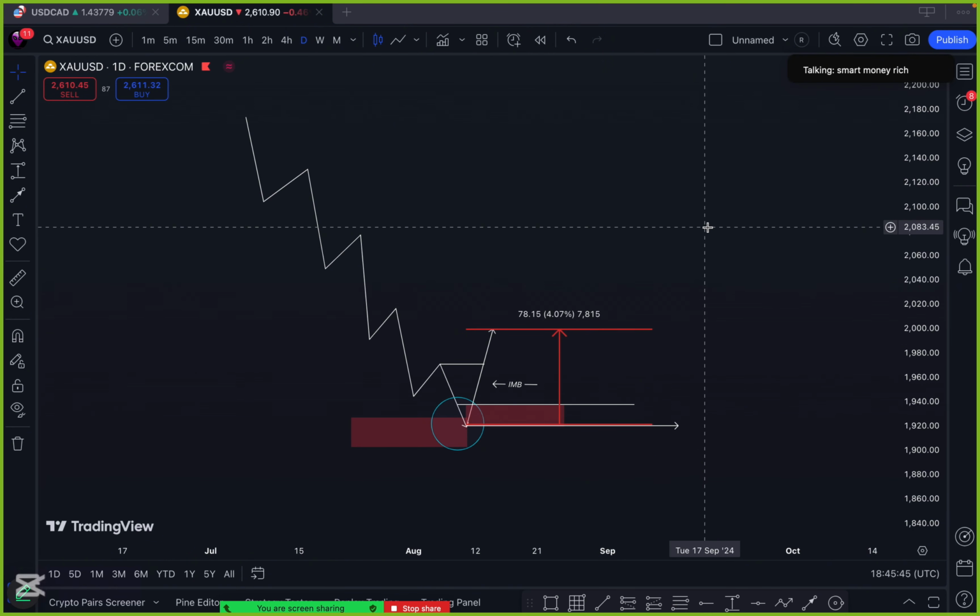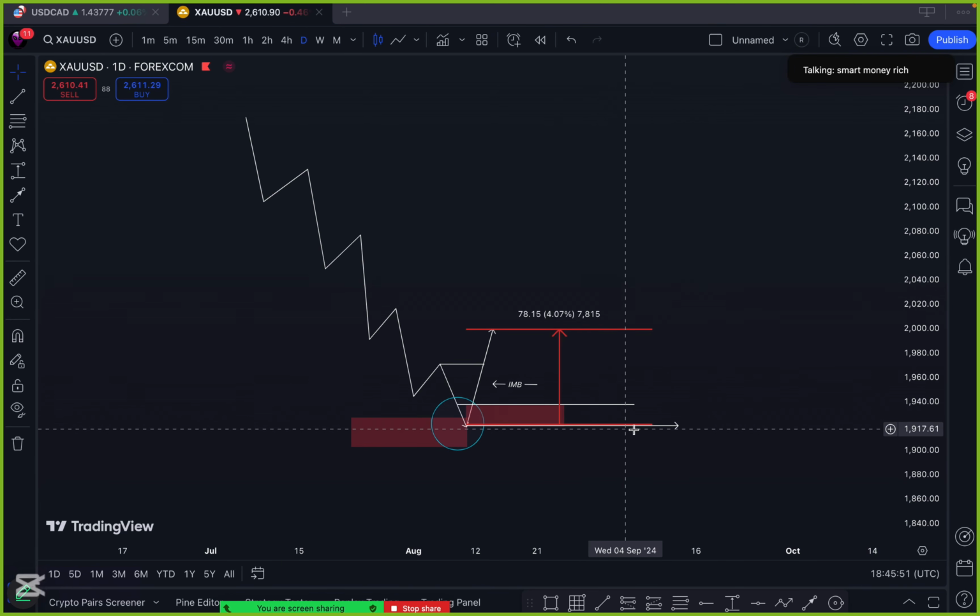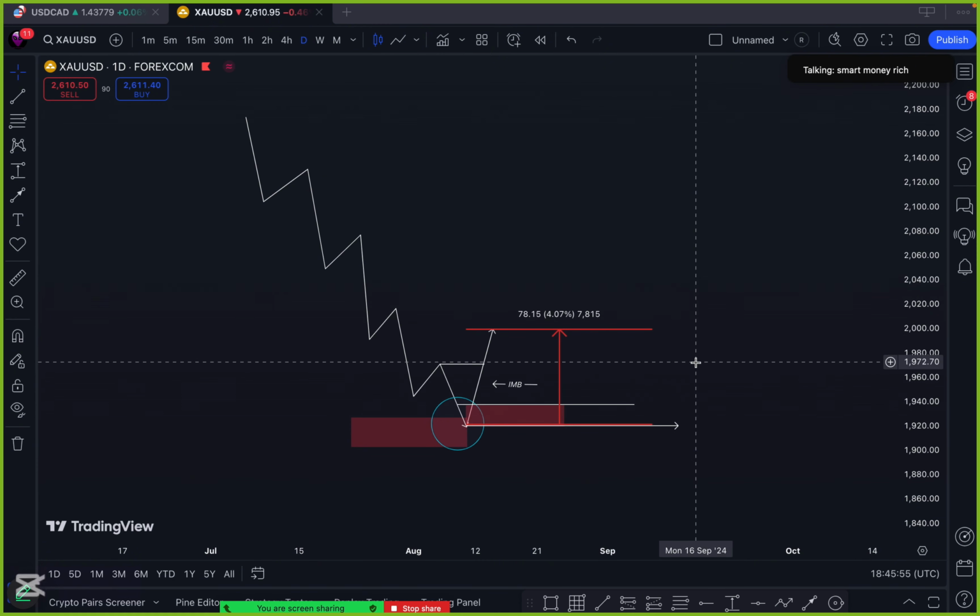No, it's about 781 pips. From their entry points to this high is about 780 pips, which means they would have made a huge amount of profit on their position.